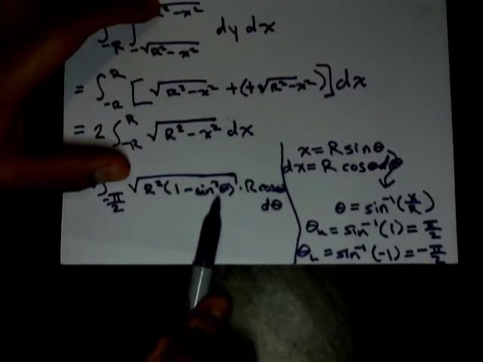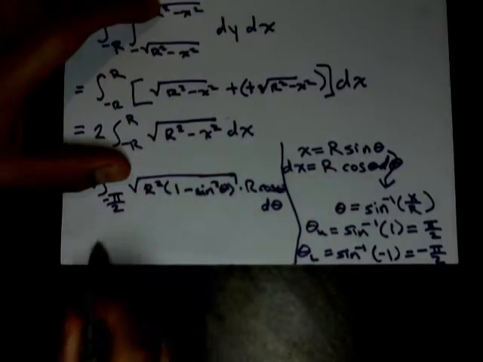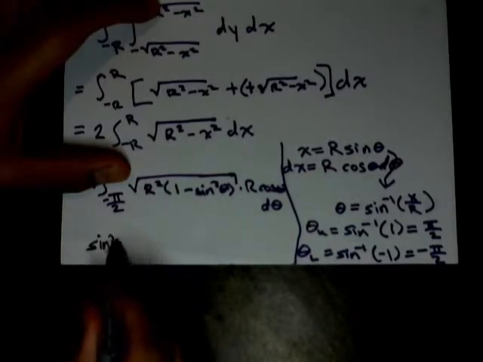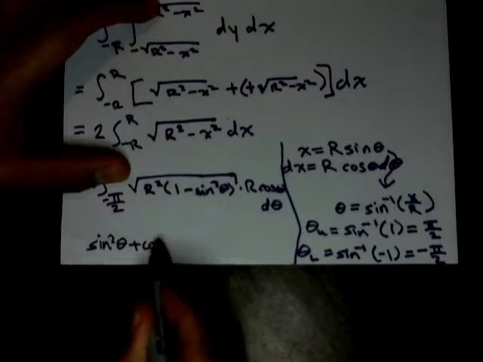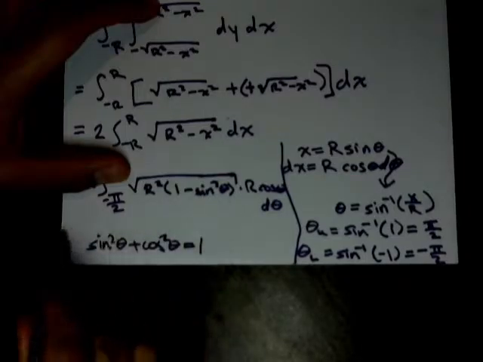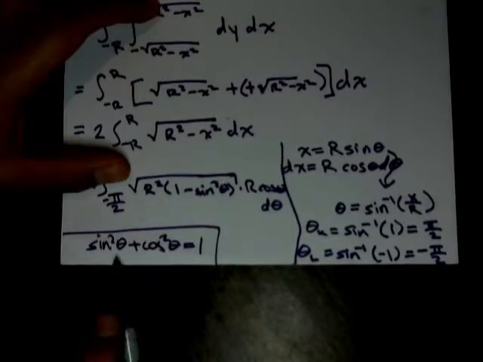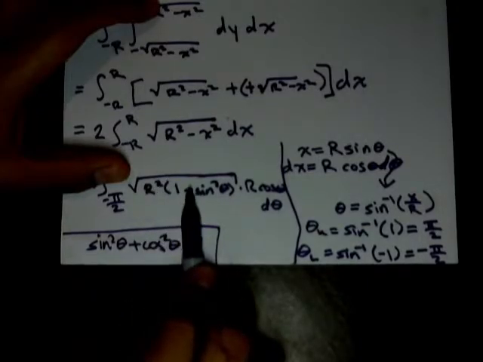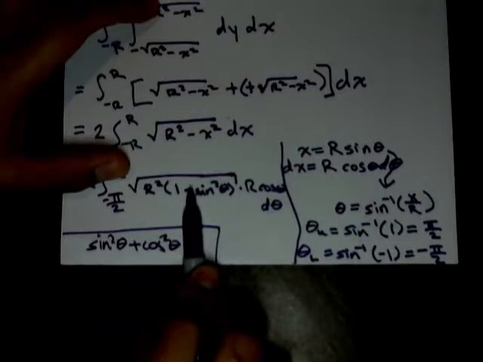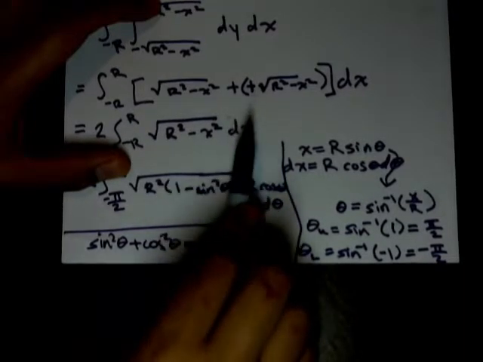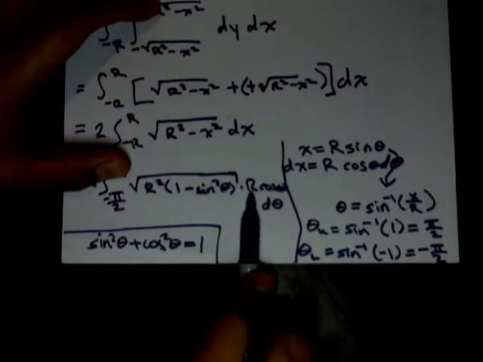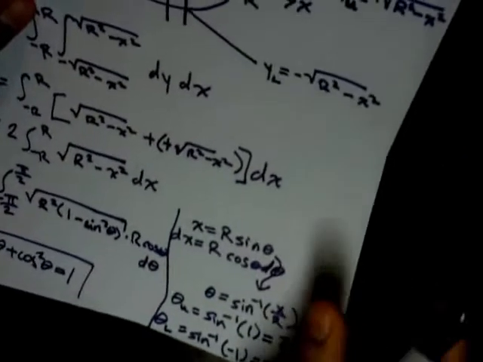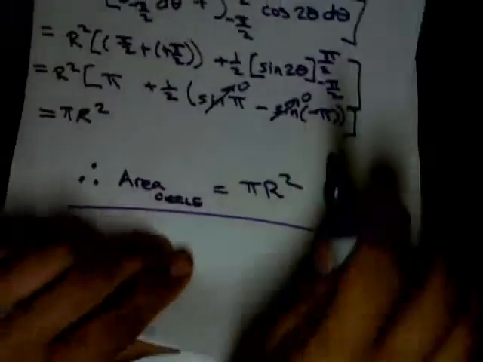And if we remember that sine squared theta plus cosine squared theta is equal to 1, and we're just solving this for cosine squared theta, so we're going to have an r squared times cosine squared theta, and that's going to become an r cosine theta. And substituting our differential, we get r cosine theta d theta. So let's see what we get once we've cleaned this up a bit.